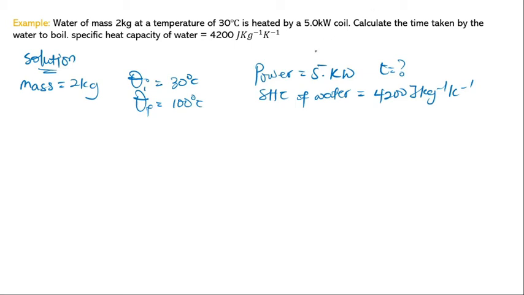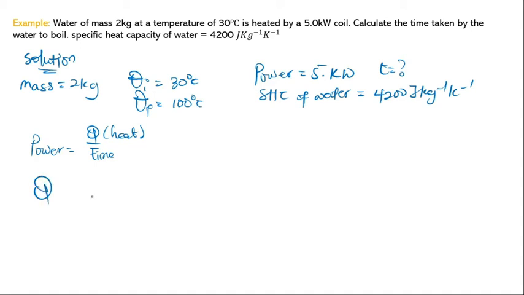That is because power is equal to heat energy divided by time. So we need to first find the heat energy supplied, and after we find the heat, we can easily find the time using basic mathematics and substitution.